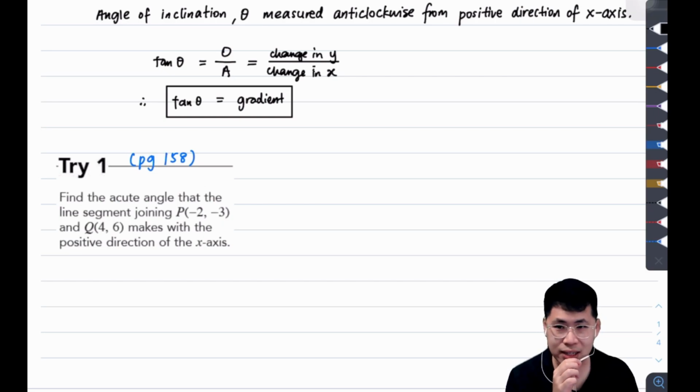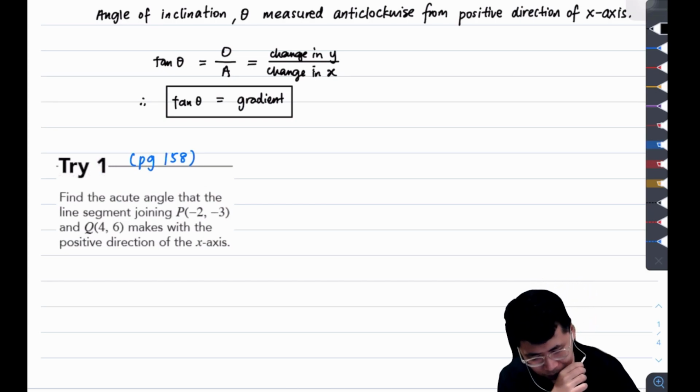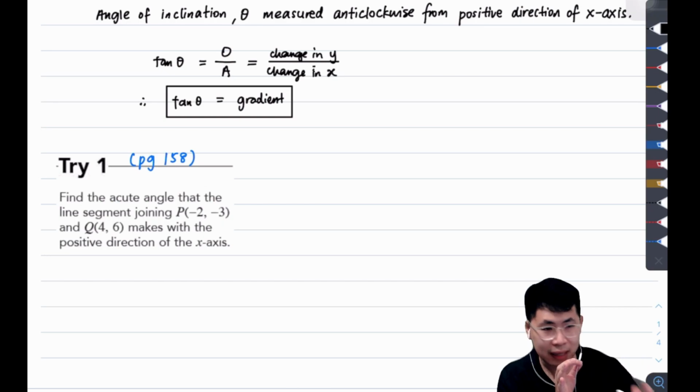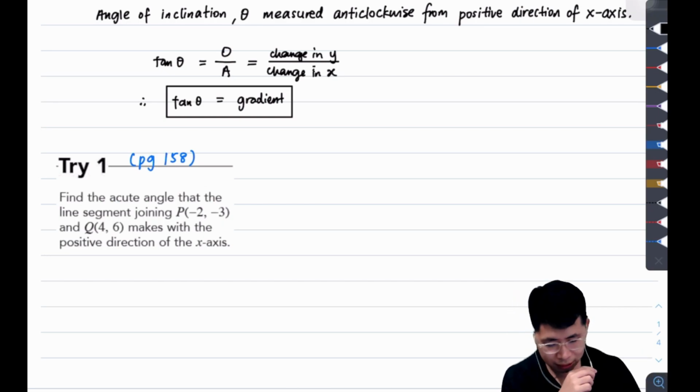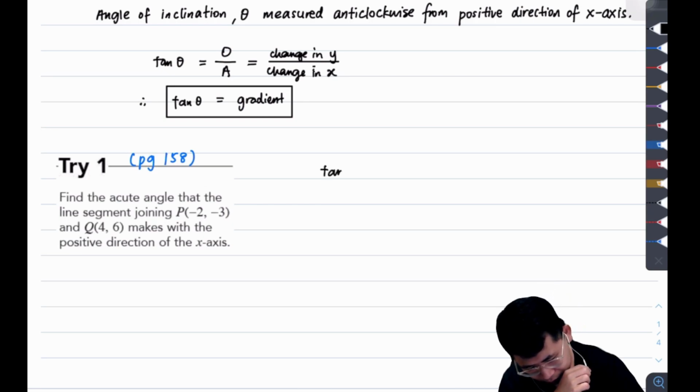Having this as a tool, we don't really need to draw a diagram or imagine, but on your own, you should be imagining what's going on. So let's do this blindly first, and let's check with the drawing after this to see whether we did it right or wrong. The result over here is tangent theta equals gradient.